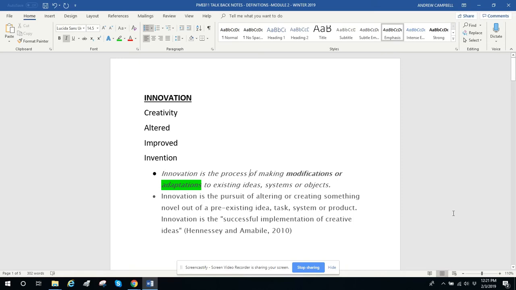And when I say innovative, a teacher who's able to adapt, adaptability. And I look at this other one, coming from NSC and Amabile 2010, which talks about innovation as the pursuit of altering or creating something novel out of a pre-existing idea.